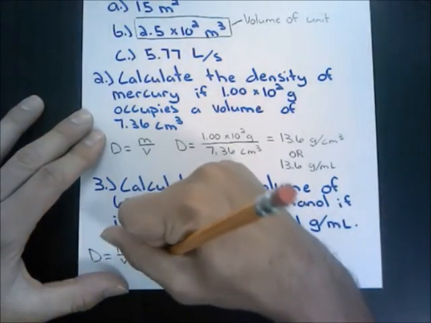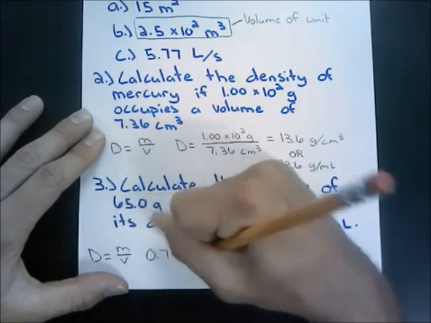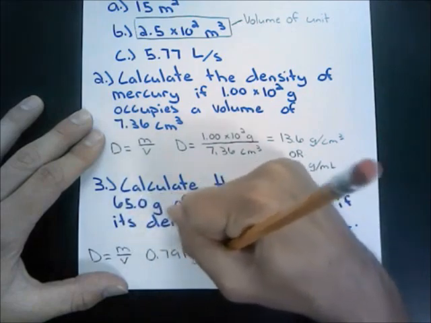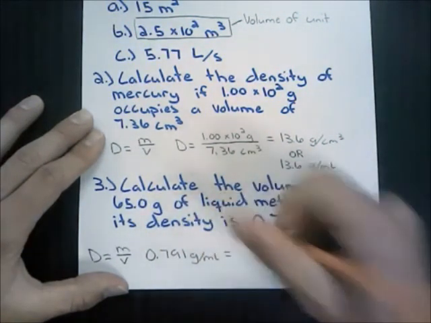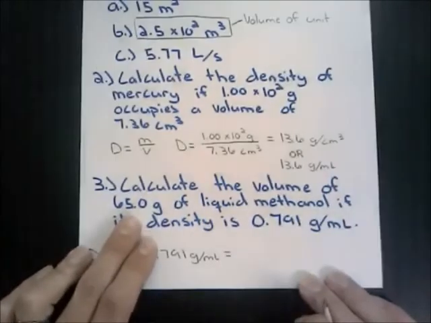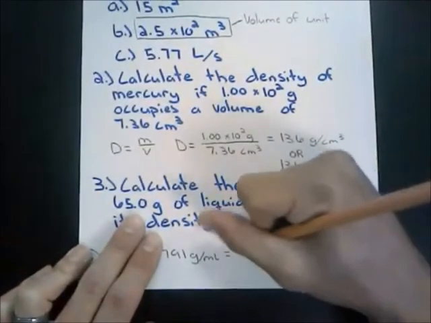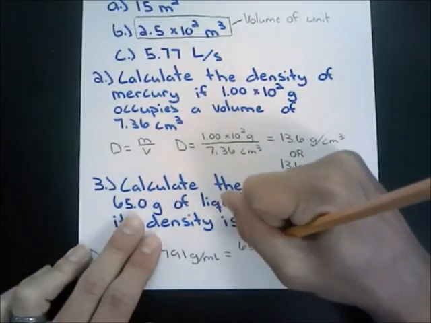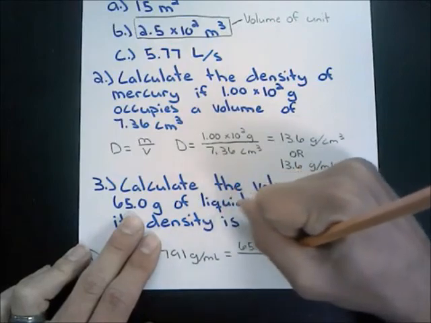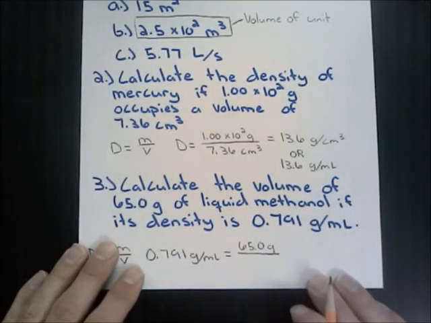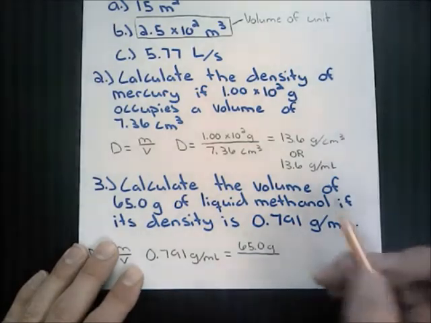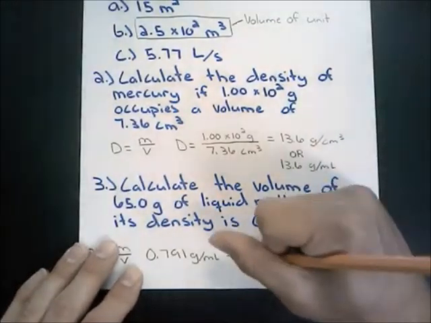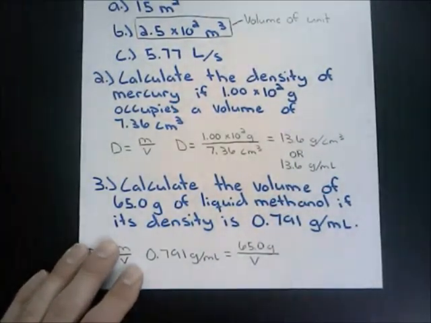This is equal to our mass, which is 65.0 grams, divided by our volume, or V. Now volume is what we want to calculate, so V would be on bottom.